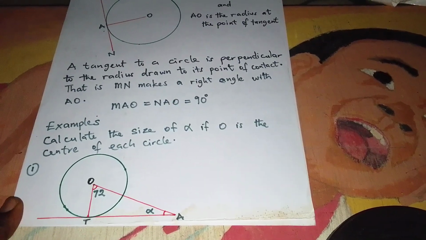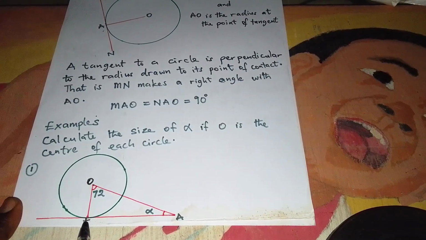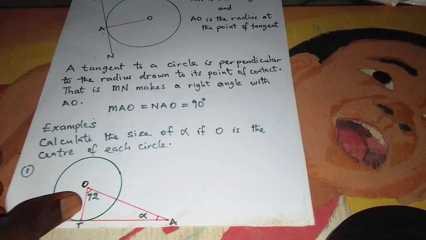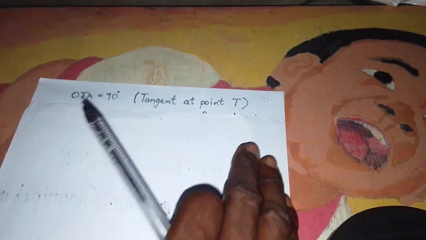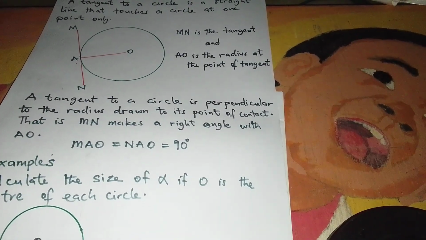According to the law, any angle the radius makes with the tangent is always a right angle. So we know that angle OTA will give us a right angle.